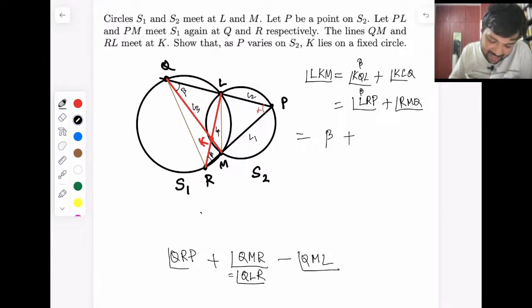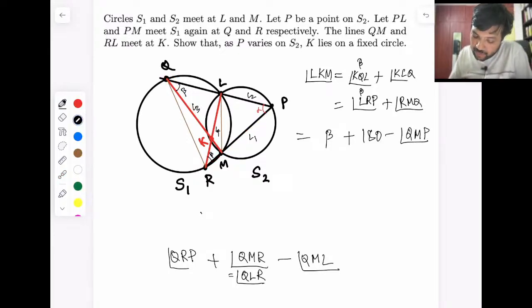That's all? RMQ is 180 minus angle QMP. And 180 minus QMP, in the triangle QMP, is alpha plus beta. So alpha plus 2 beta, done.